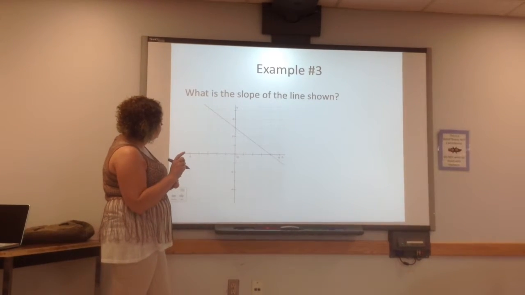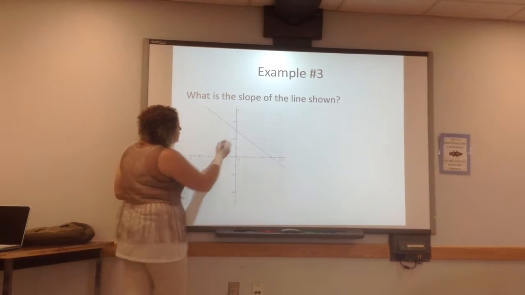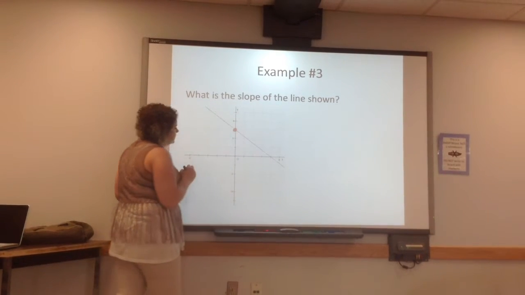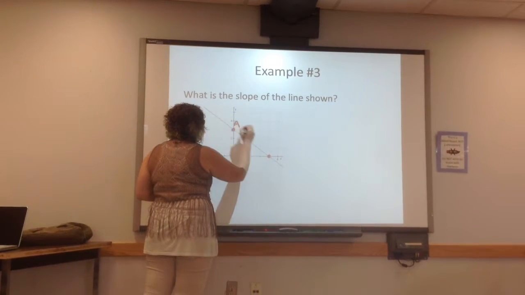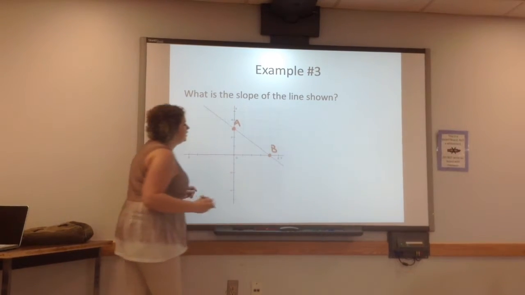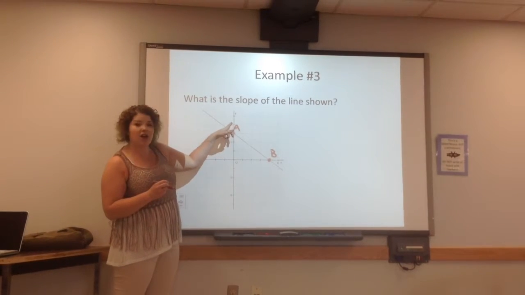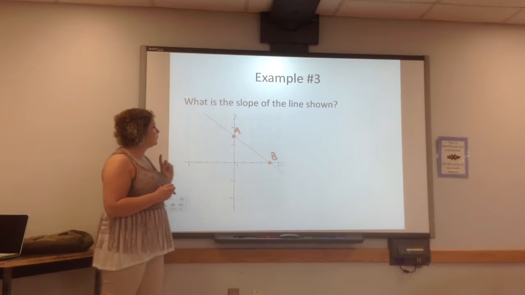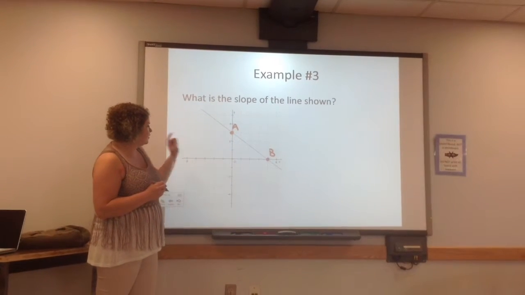We're going to pick 2 points, and I'm going to use this one here, because it's nice and clear, and this one. So we have A and B. So notice because our slope is negative, A is much higher than B, right? Okay, let's write the coordinates for these two points.